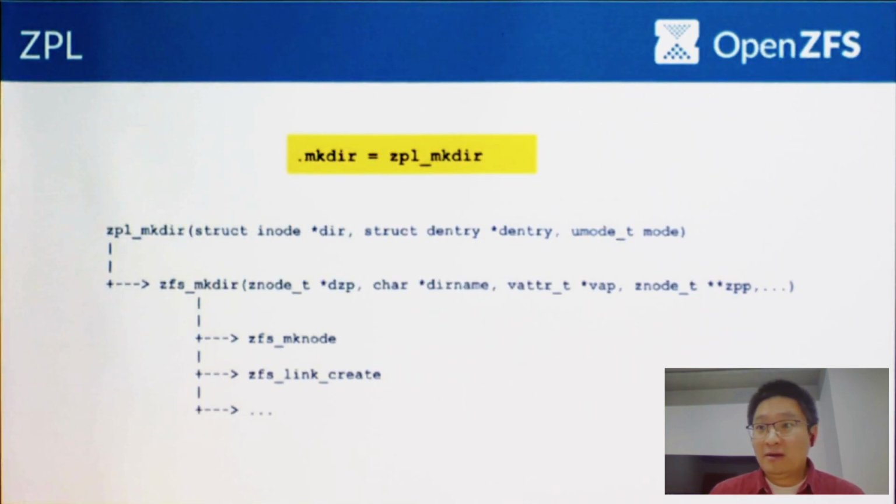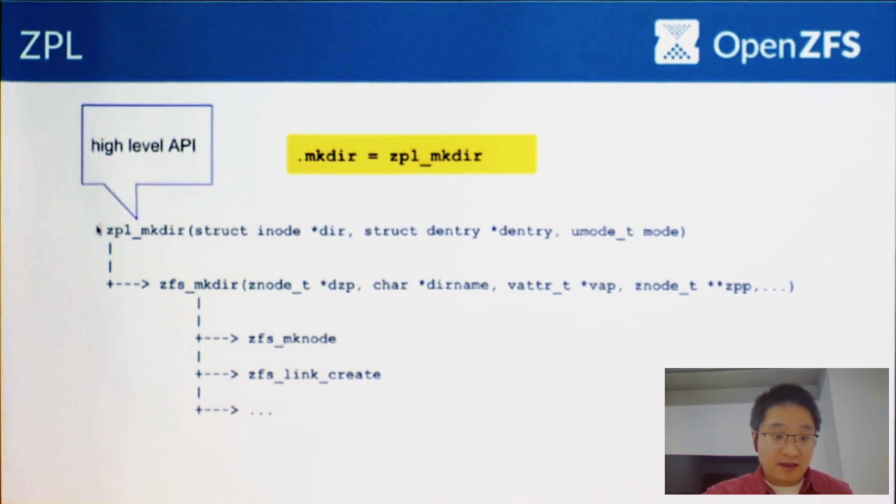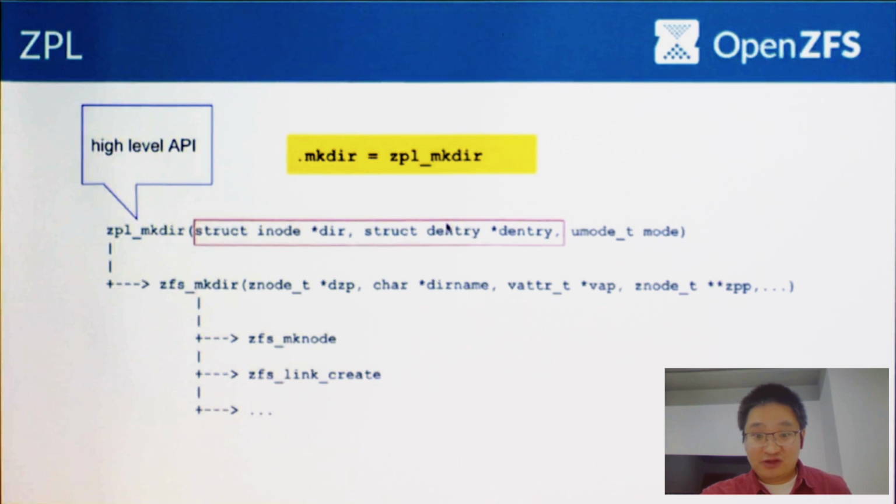Okay, so here is an example to show the high-level and low-level APIs in ZPL. The operation is mkdir. This one, zpl_mkdir, is a high-level API. It just implements the VFS mkdir callback, so it uses kernel structures as its parameters.